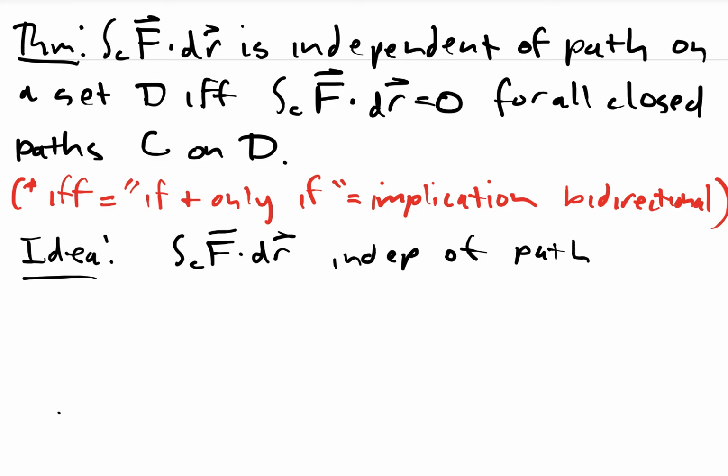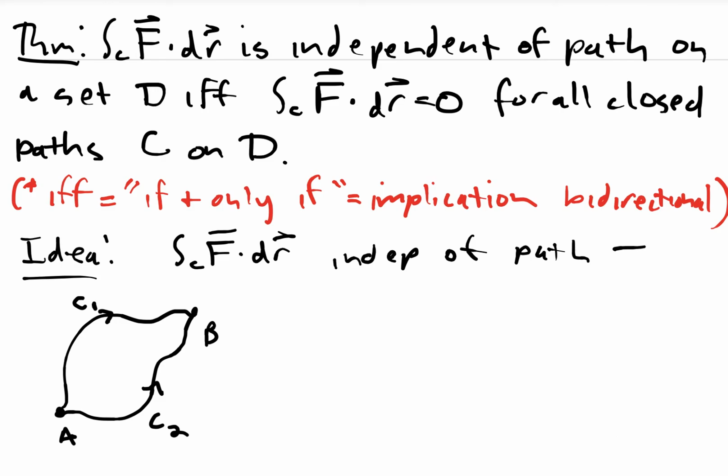Now, if that is independent of path, that means that if I give you two points in space here, and I pick different paths to travel to get from point A to point B, let's say I separate them, C1, C2, what this is going to imply, or actually be an equivalent statement to, is that in this picture that I've drawn, I would expect my integral for this thing over C1 to come out to the same exact thing as my integral for this thing over C2.